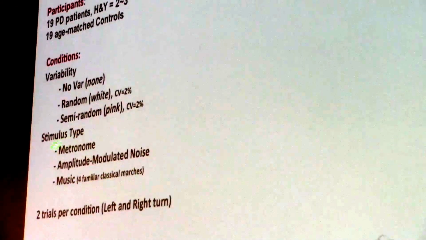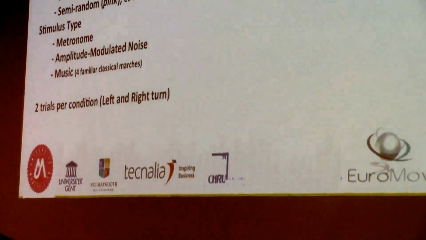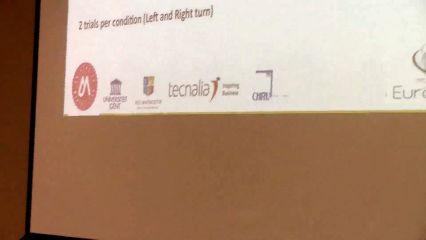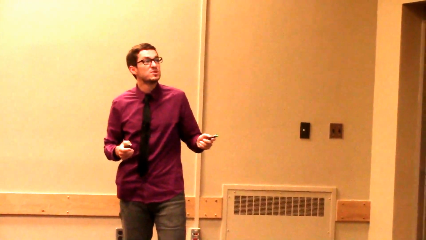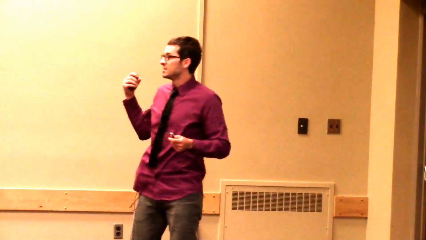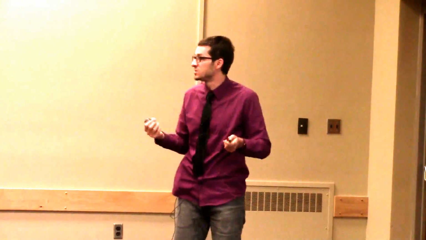I'm not going to talk too much about how we manipulate the music. It could be the music, which we worked a lot to put exactly the right kind of variability into the interbeat intervals, and amplitude modulated noise, which is something that is like the music, but it doesn't sound good, it's just noise. So it has rhythm, but doesn't have the other good things about music.